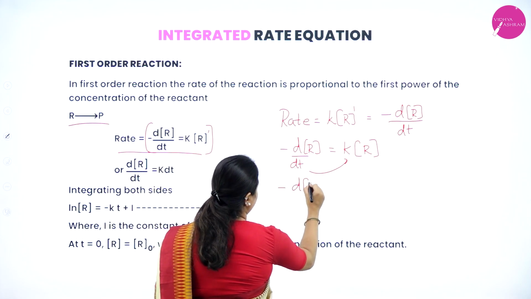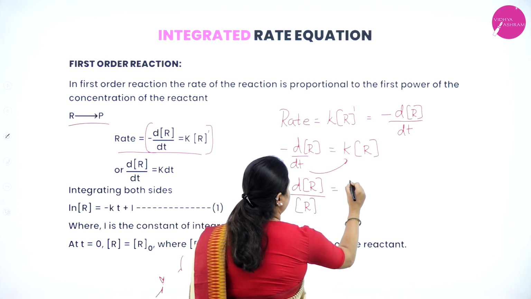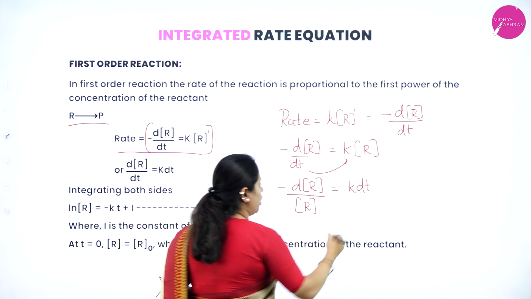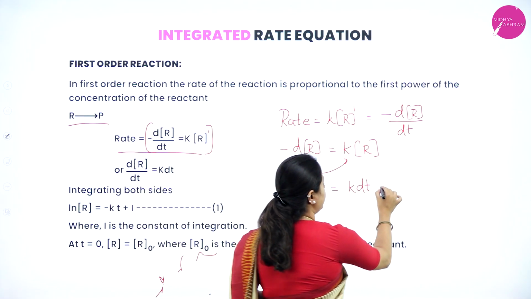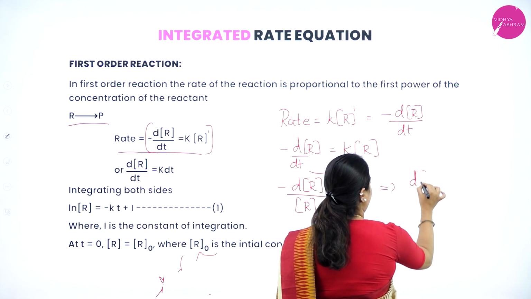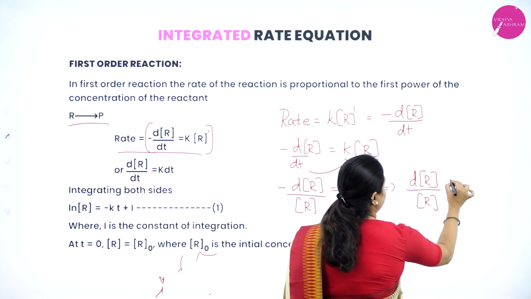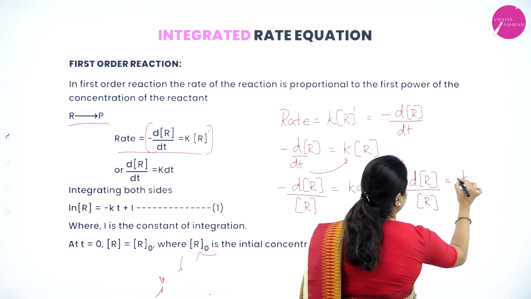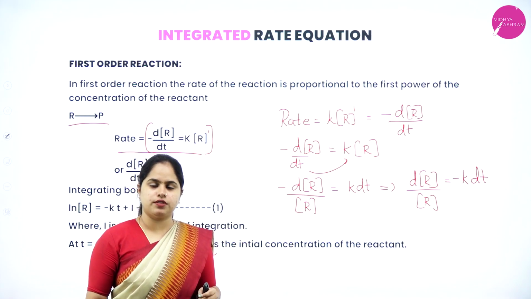Minus dR by R is equal to K dt, or else we can just take the negative to the other side. The equation becomes dR by R is equal to minus K dt, right? So this is how the equation will become now.